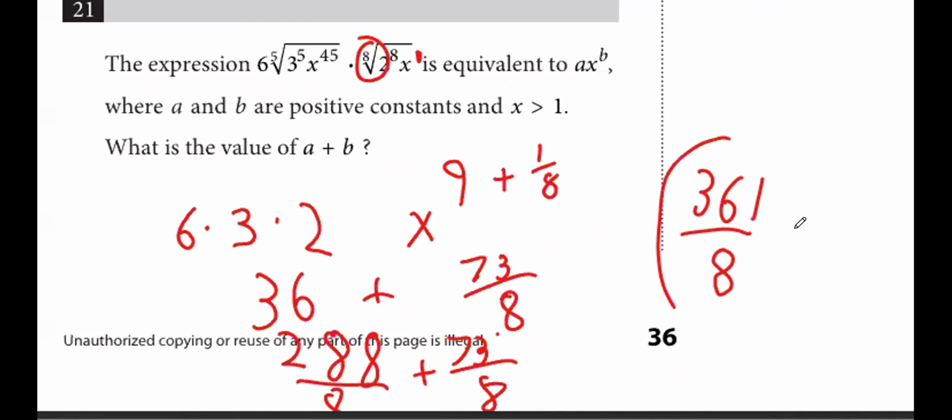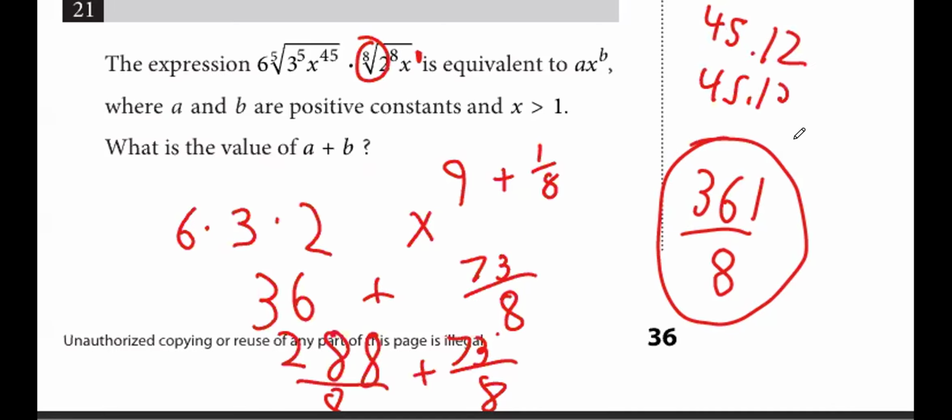So this is the correct answer, 361 over 8. You could have also entered a decimal approximation of that, which would have been something like 45.12 or 45.13.